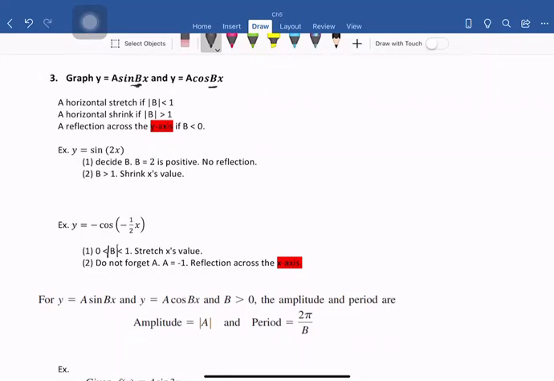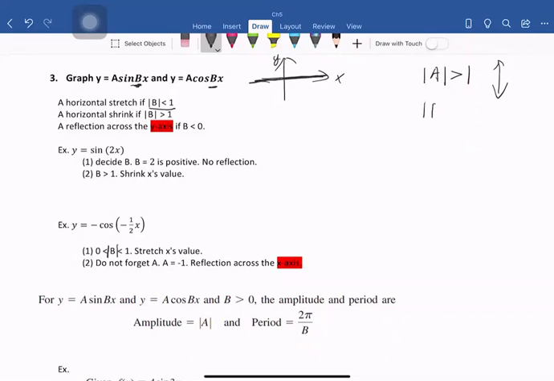That means the b will affect the x value, because on the xy plane, the x means the horizontal direction. Before, we learned if a is greater than 1, it's a vertical stretch. But b is different.